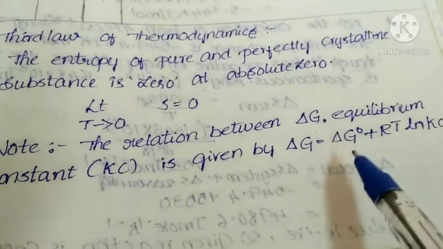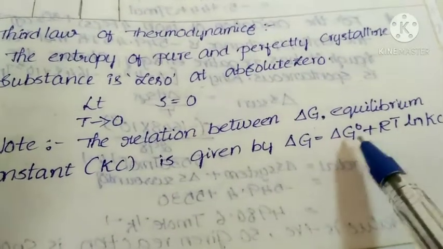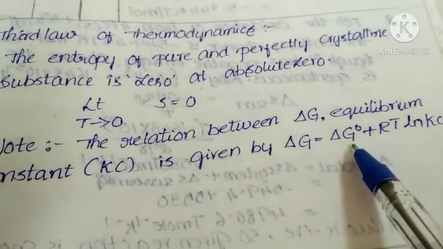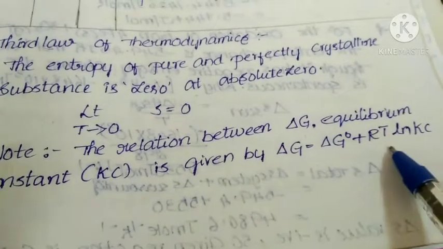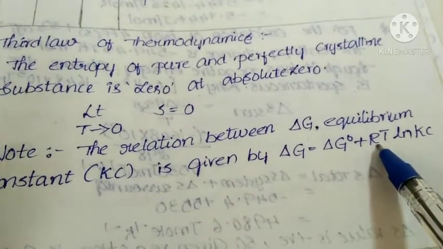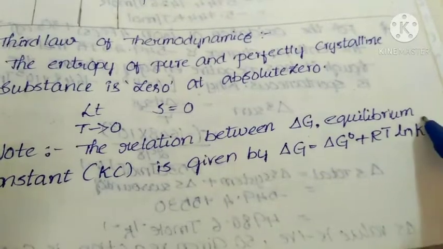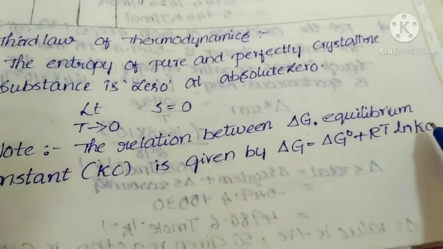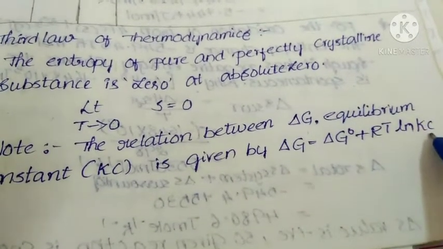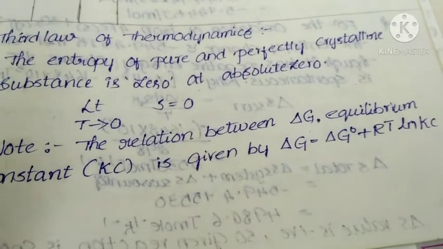Delta G naught means Gibbs energy change under standard conditions, the standard Gibbs energy change. R is the universal gas constant, T is temperature, and Kc is called the equilibrium constant. We will discuss it in the next chapter, chemical equilibrium. Until then you just remember it.